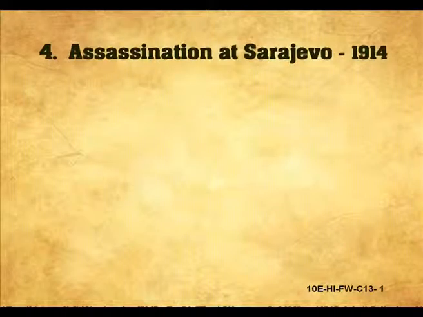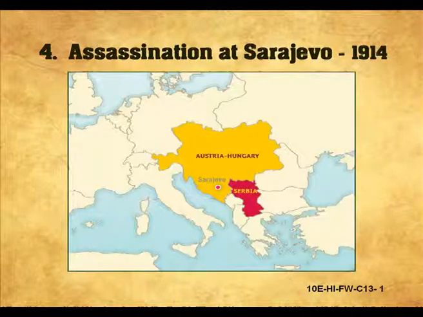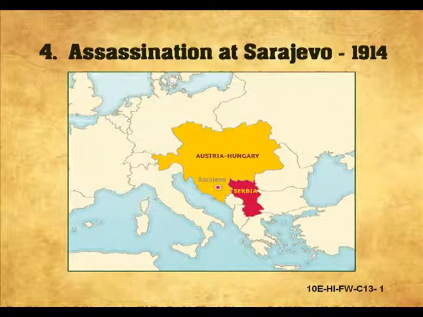Now, we'll see the fourth and the immediate cause of the First World War, that is, the assassination at Sarajevo in 1914. The word assassination means killing people in power with a conspiracy. Serbia and Bosnia had a common capital called Sarajevo, which was part of the Empire of Austria-Hungary in the Triple Alliance.